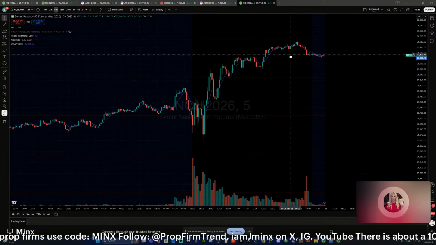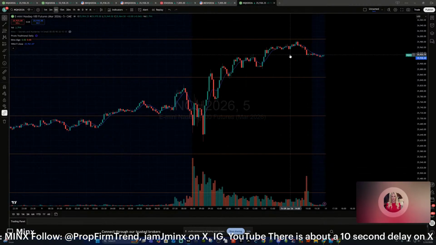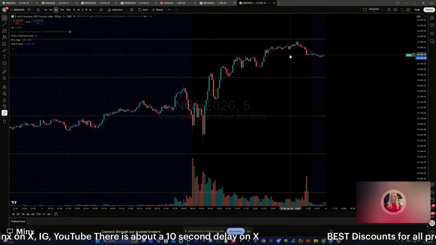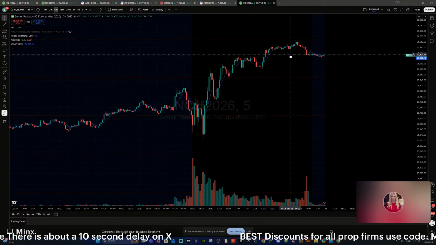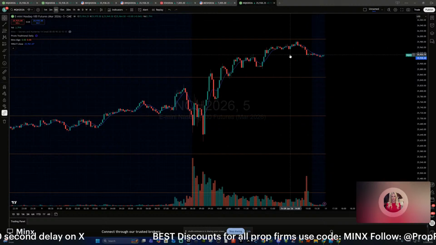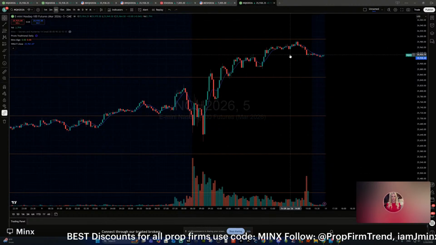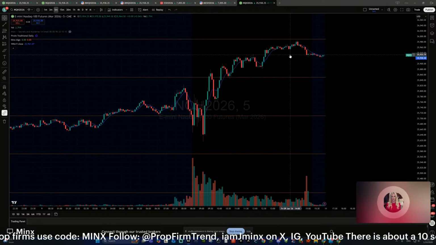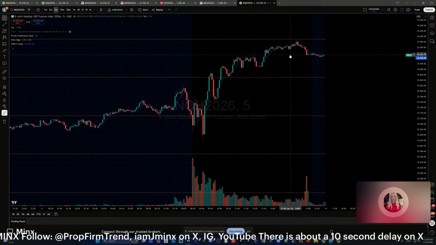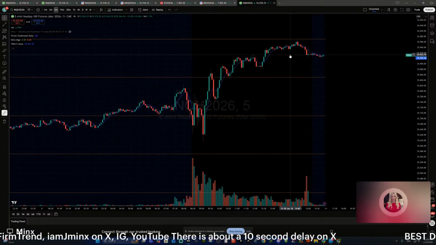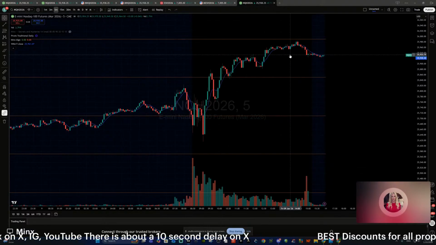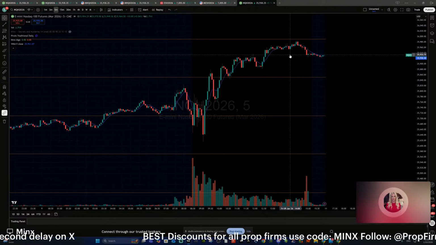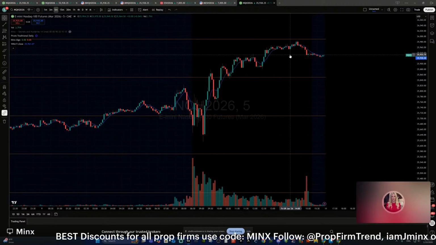One thing I do want to mention, guys, when you get to a sim account, if you're trading NQ, try to play with just one NQ. Some people will go in just for fun, adding 15 or 20 or 50 NQs just to see a P&L of 100 grand or 200 grand quickly.